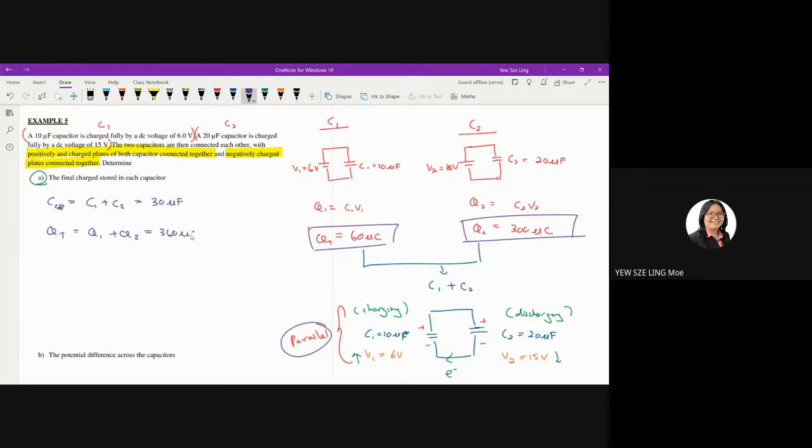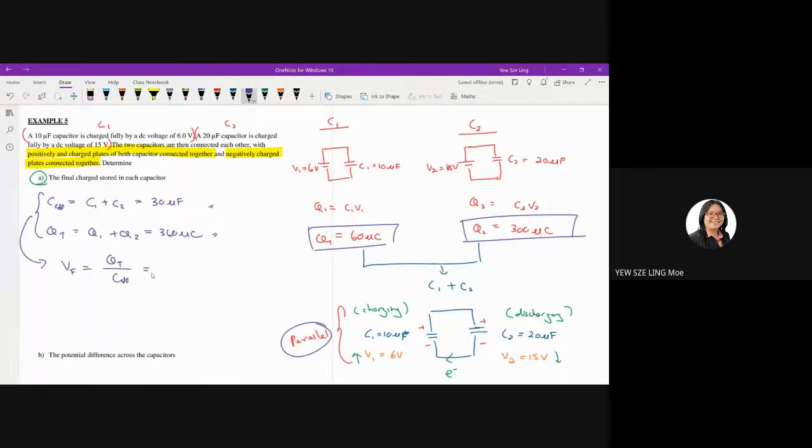So Q1 plus Q2 equals 360 microcoulomb. So you have this amount of charge in your final circuit, and then you have this effective capacitance. By combining the two of them, you can determine the final potential difference across both capacitors. So V final equals Q total divided by C effective.